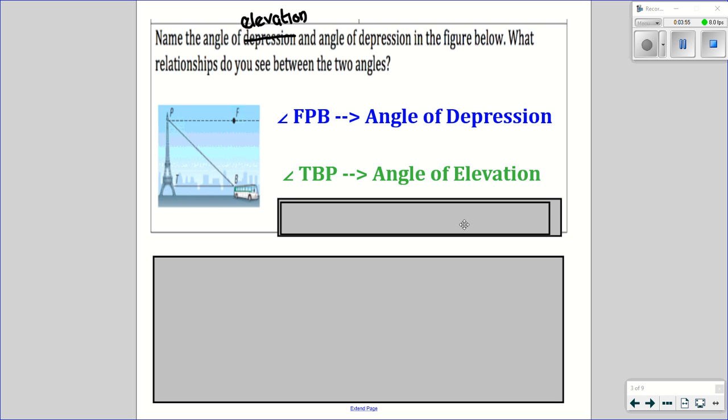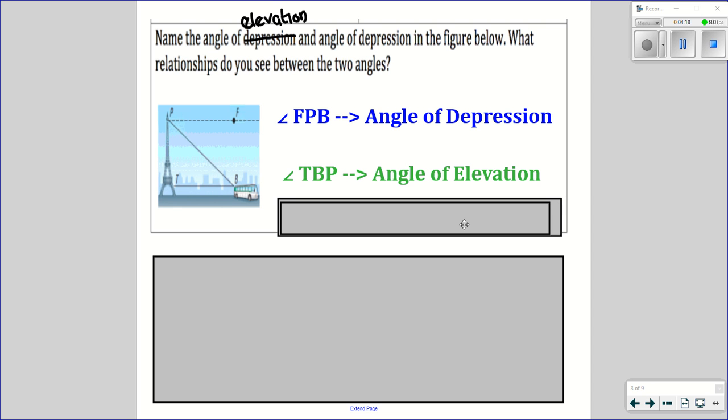Now, what is the relationship that you see between those two angles? You might think, oh, it looks similar, looks equal. Depending on where you're standing determines the relationship between the two angles.